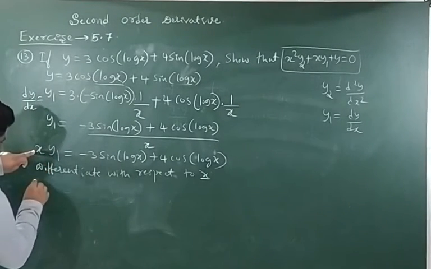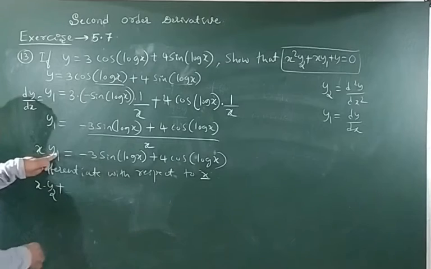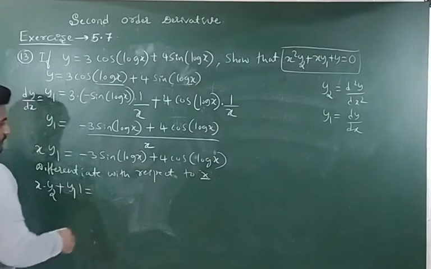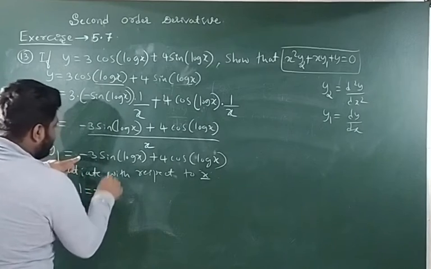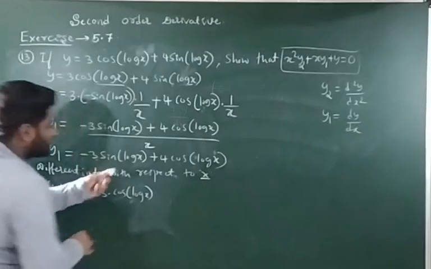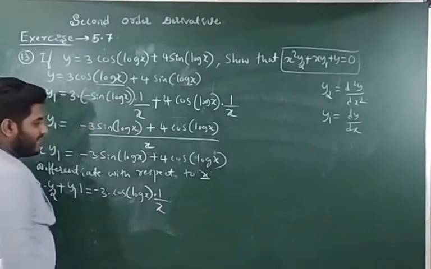First function x as it is, differentiation of y1 is y2, plus y1 as it is, differentiation of x is 1. This is equal to minus 3 as it is, differentiation of sin x is cos x, in place of x we are having log x, again differentiation of log x is 1 by x.